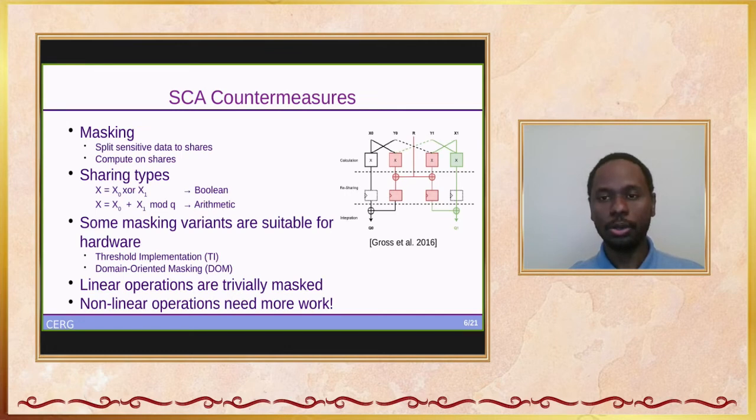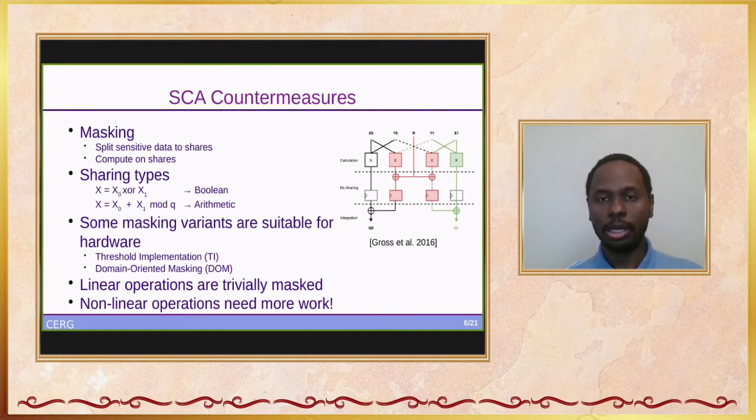Also, depending on the platform itself, you need to make sure that you're applying the correct countermeasures. For example, in hardware, there is a phenomenon called glitches. Basically, these are temporary changes in the signal before they stabilize at the end of the clock cycle. These glitches can cause some leakage.